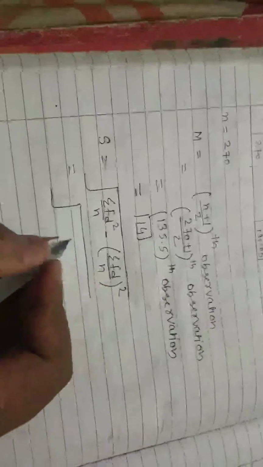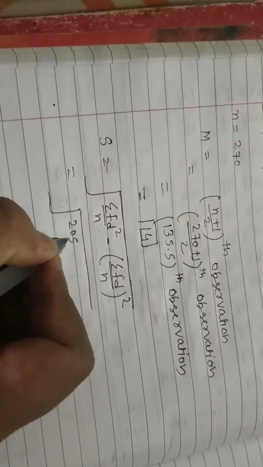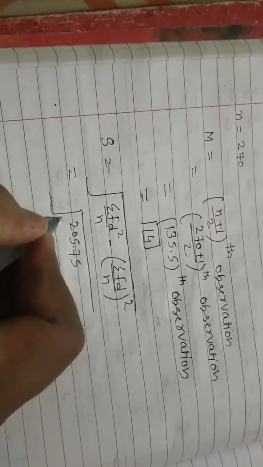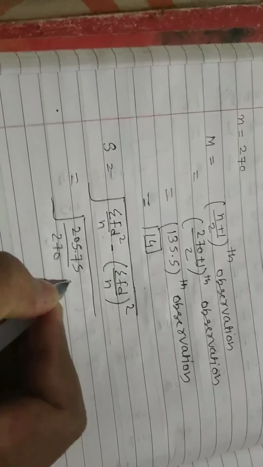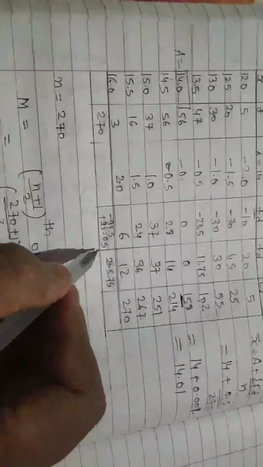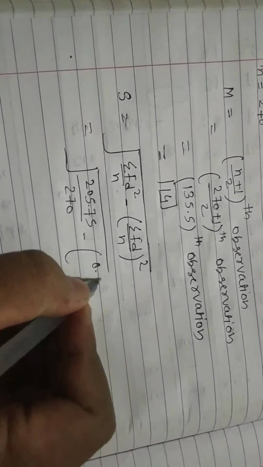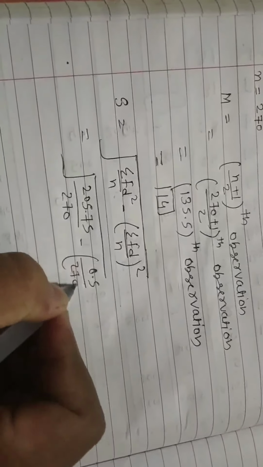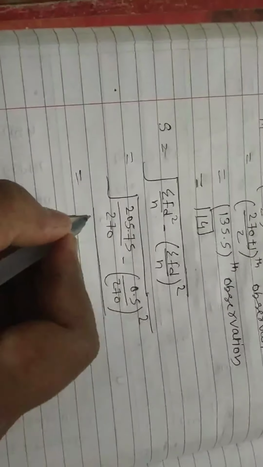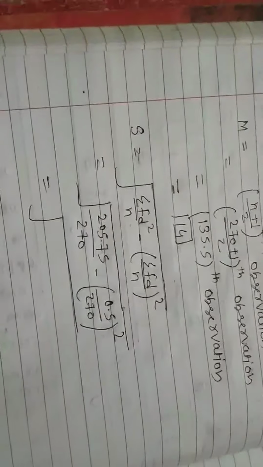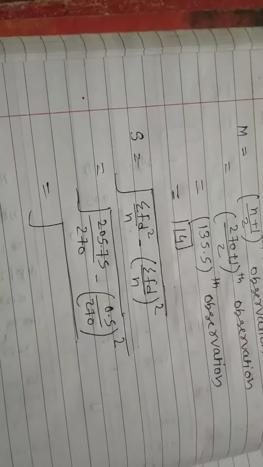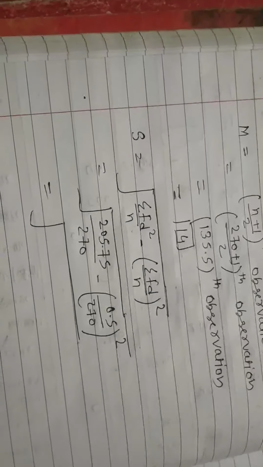Sigma fd square is 205.75, upon n 270, minus sigma fd 0.5 upon 270, whole square. 205.75 divided by 270 is 0.76.